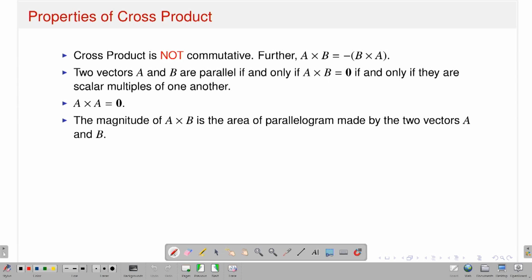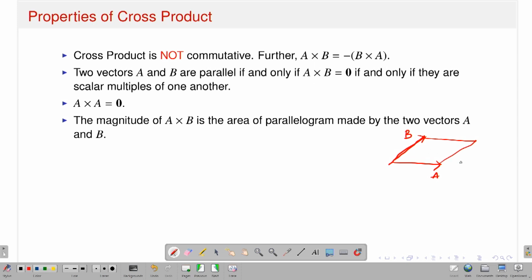So basically, these are the two vectors A and B. Then you make the parallelogram with the same thing.